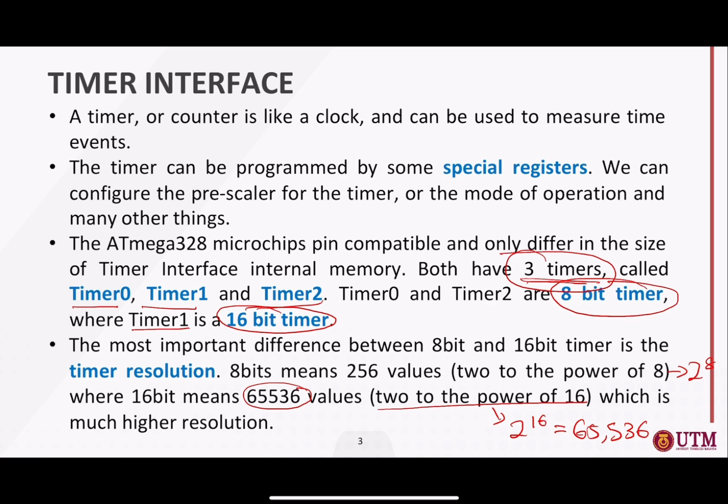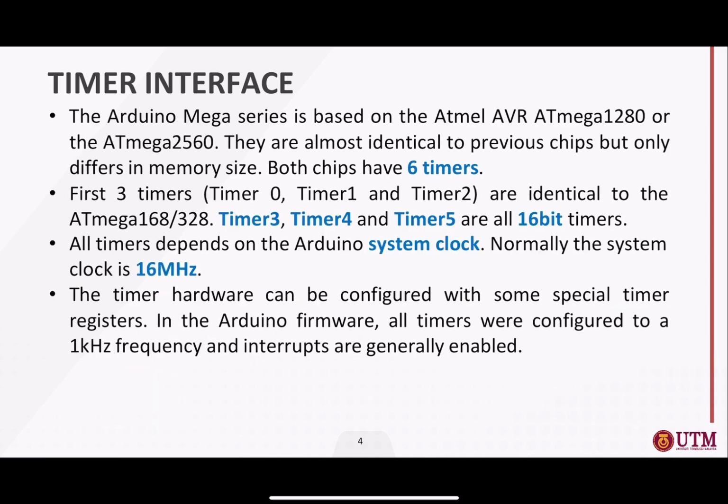Previously I just talked about Arduino Uno, but the Arduino Mega is based on Atmel AVR Atmega 1280 or Atmega 2560. They are almost identical to the previous chip but only differ in memory size. Both chips for Arduino Mega have a total of 6 timers instead of 3 timers compared to Arduino Uno.